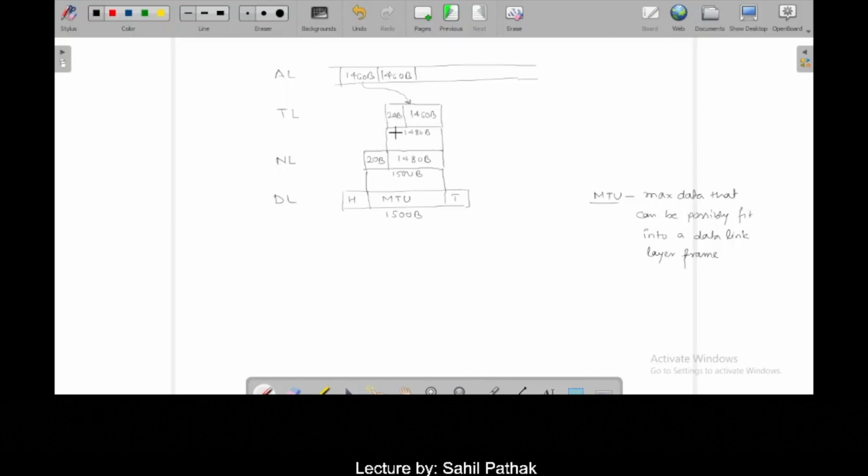This payload is given to the network layer, and the total payload is now 1480 bytes, and after adding 20 bytes to it we will have the 1500 bytes payload that will be given to the data link layer. At the data link layer the payload is 1500 bytes, and that can be the MTU of the data link layer, or we can say that the data link layer can easily fit this size of data.